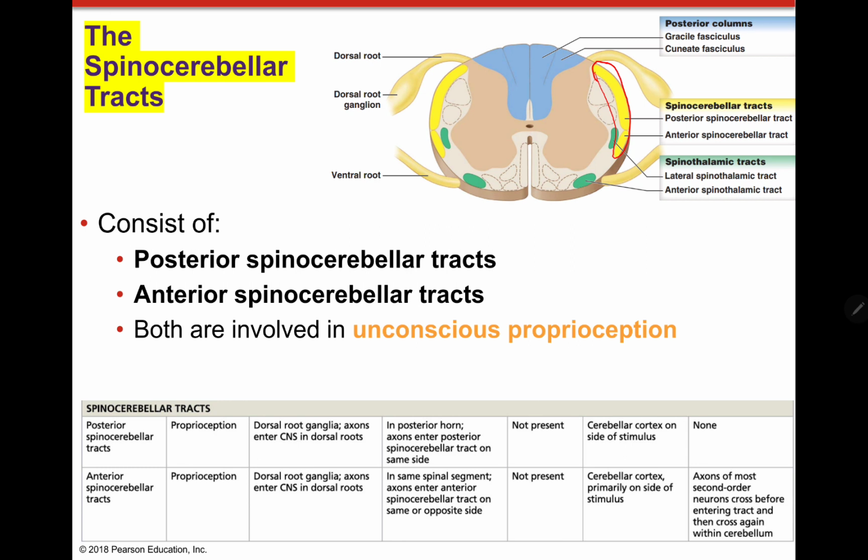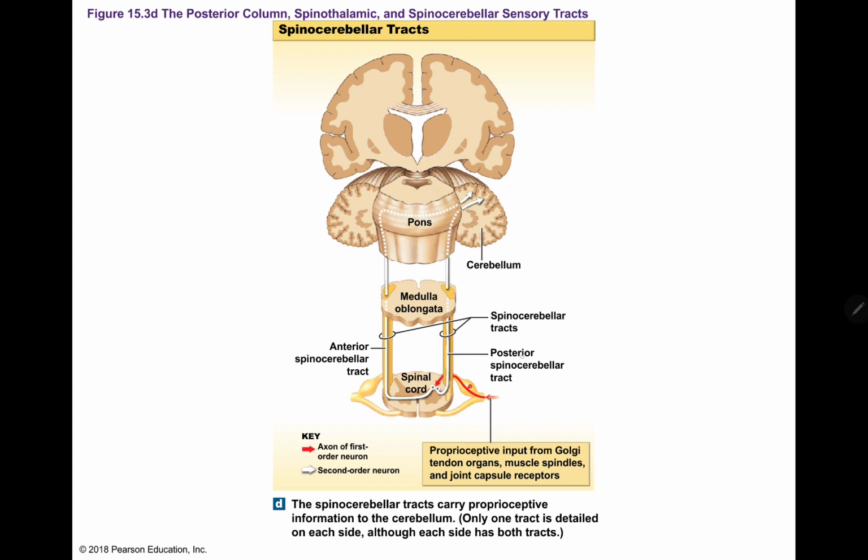And so the dorsal or the posterior spinal cerebellar tract, right? Let's look at it right here, actually. That's going to take information from the same side as it comes in and bring it straight up to your brain, to the cerebellum, as you can see right here, going through the pons, getting to the cerebellum, all right?